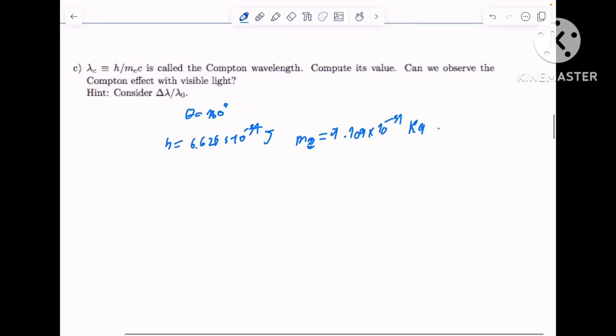And c equals 3.00 times 10 to the power of 8 meters per second.